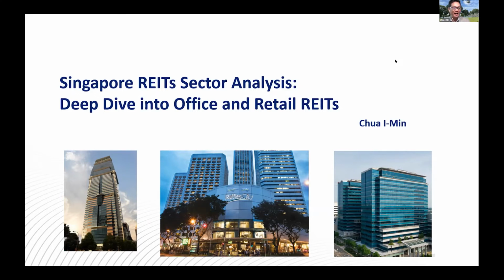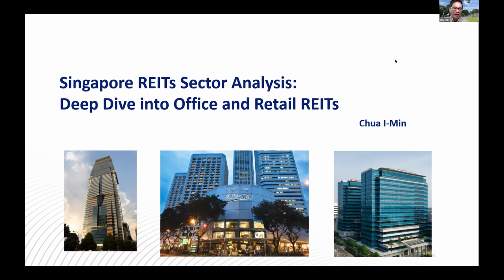39 REITs. Can you name some of the property types? In total there are 5 property types. Out of these 39 REITs, they are divided into 5 categories of property types. Can I trouble you to share some of the property types that are available? Thank you so much. We have retail, we have office.